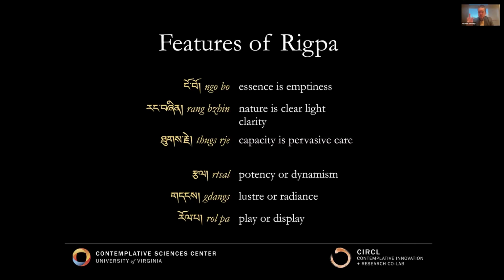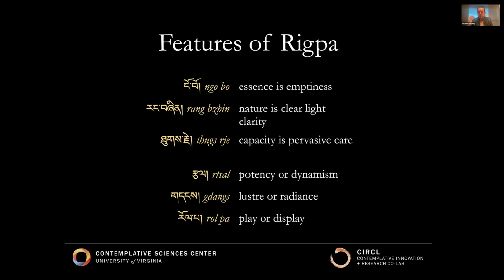Another way of articulating this is that it has potency or dynamism. This term tsalwa, that is to say, it has a kind of intrinsic dynamic to it, that it has a luster or radiance. That is to say, it's not flat or opaque, but it's radiance in the sense that it has a dynamic like light has dynamic.